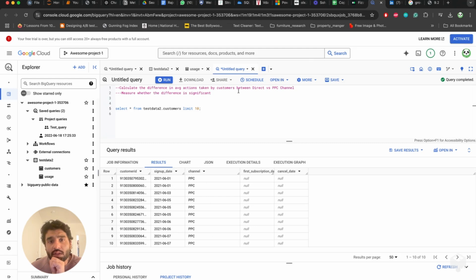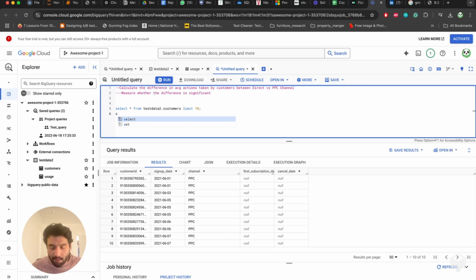So we want to know the difference between the direct channel and the PPC channel in terms of their average actions taken. The average actions come from another table, test data 2 dot usage, limit 10.